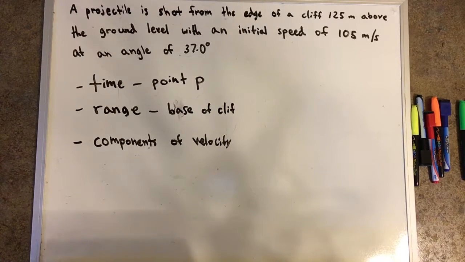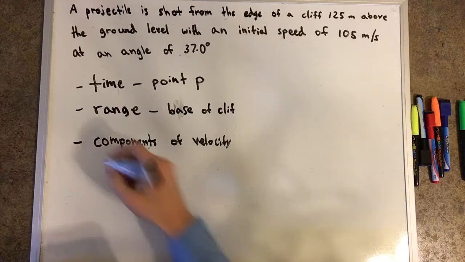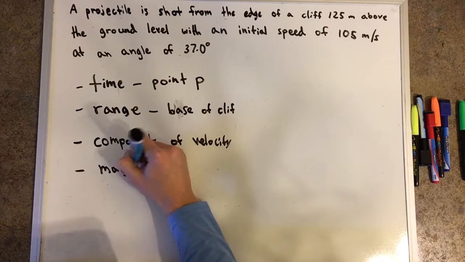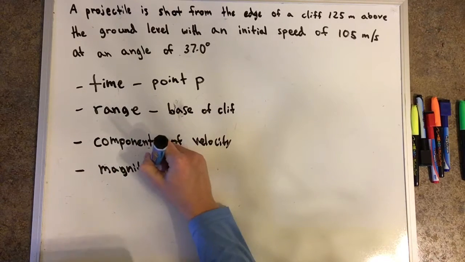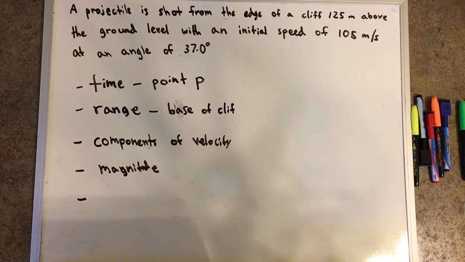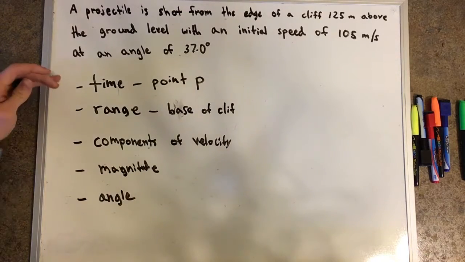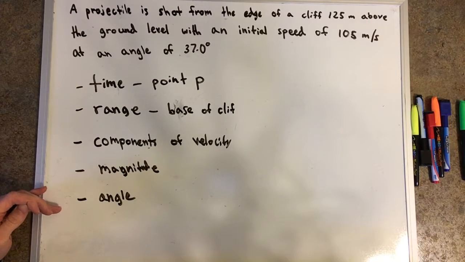And D. The magnitude of the velocity. And lastly, the angle made by the velocity vector with the horizontal. So these 5 things are the 5 components that we are going to solve for.